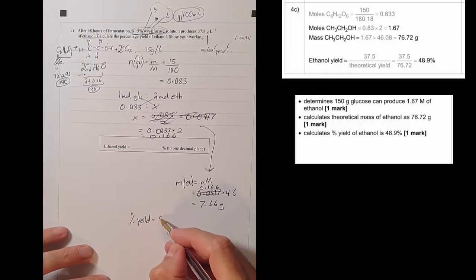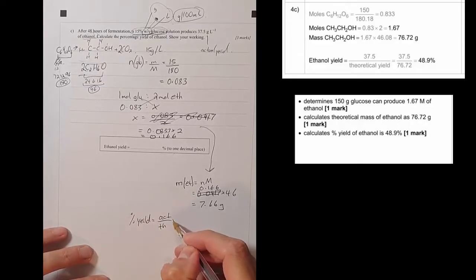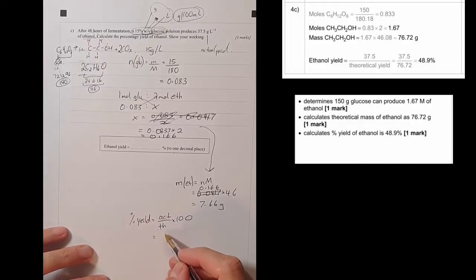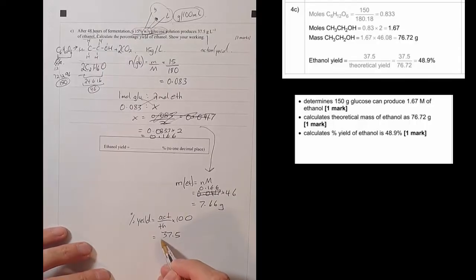So yield equals actual divided by theoretical times 100. Actual was 37.5 grams per litre, and we're thinking the theoretical is 7.66.